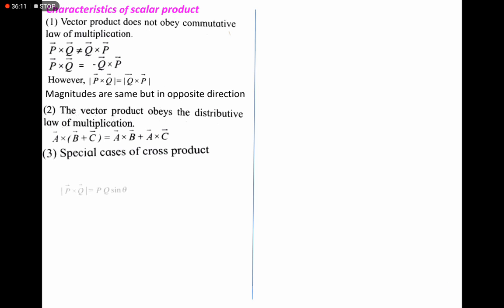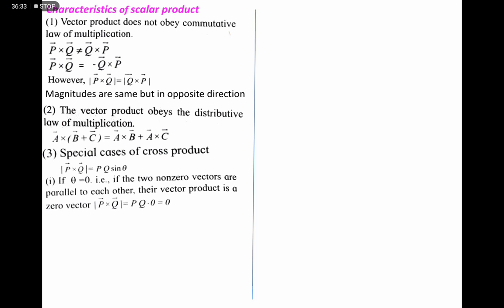Then the cross product, that is the magnitude of P bar cross Q bar is PQ sine of theta, the product of the magnitudes of the two vectors and the sine of the angle between them, according to the statement of the cross product.